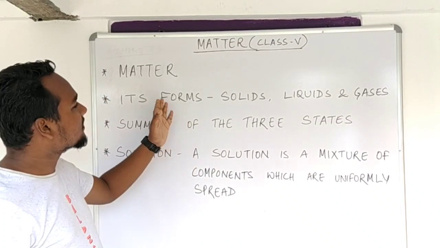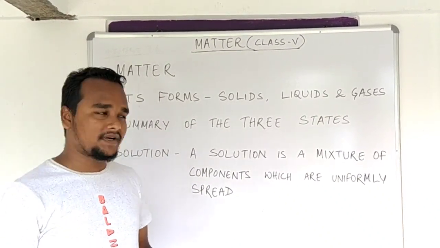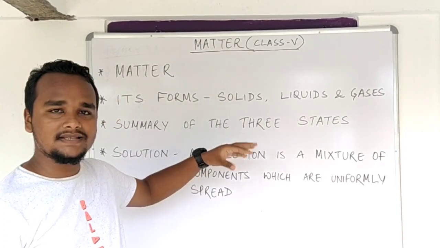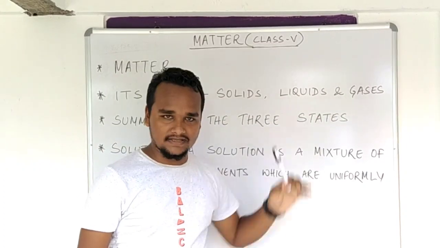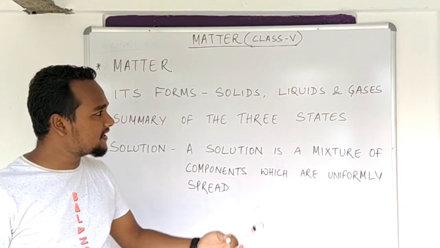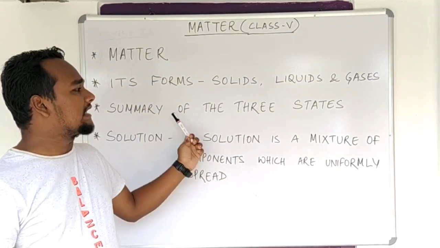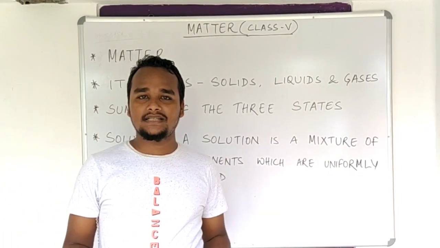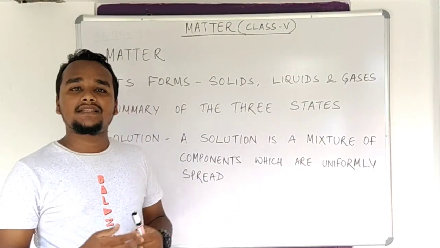So the next one which we discussed was the forms of matter. In that, we got that matter exists in three forms: solid, liquid and gaseous. After explaining the three states, we discussed them in detail. What did we read in the three states?